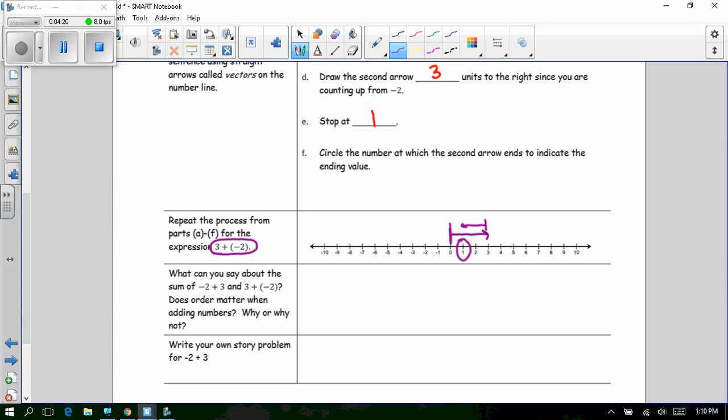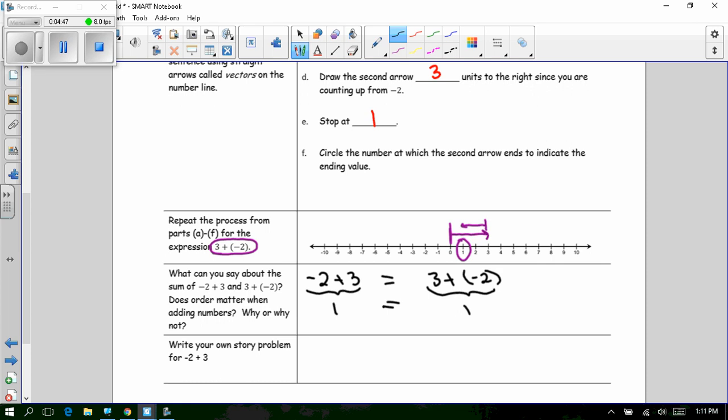So what can we say about the answers to -2 plus 3 and 3 plus -2? Well, a minute ago, that gave me an answer of 1. And just now, this one gave me the answer of 1. Well, what can I say? They're the same. I'm going to get the same answer. They're equal to each other.